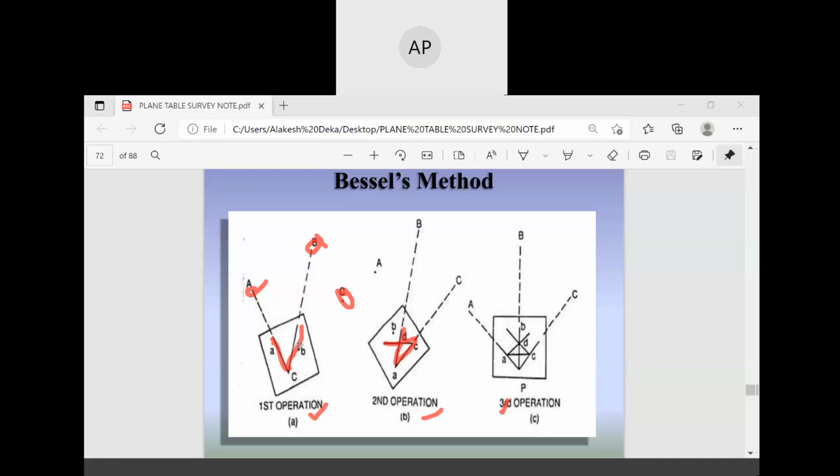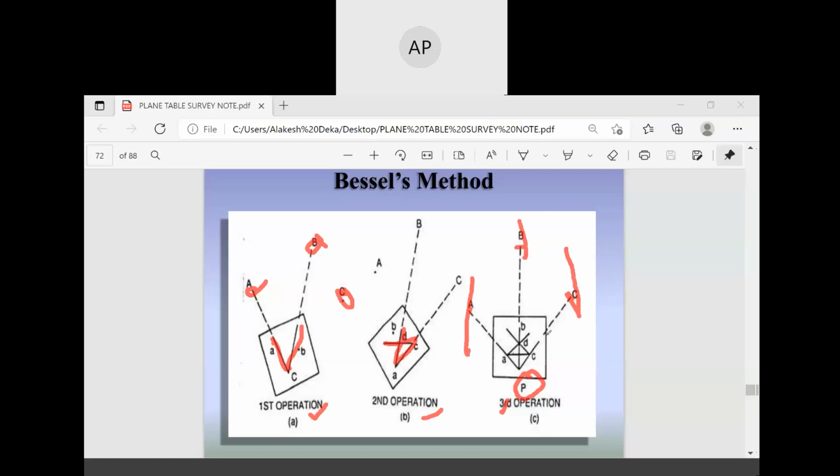In the plane table, there is a drawing sheet, isn't it? In the drawing sheet, you have to draw all the rays and do all the measurements. Then you set the table at point P. From point P, these are the 3 points ABC. How is ABC marked? Ranging rods are placed here. With the ranging rod, we mark the station.